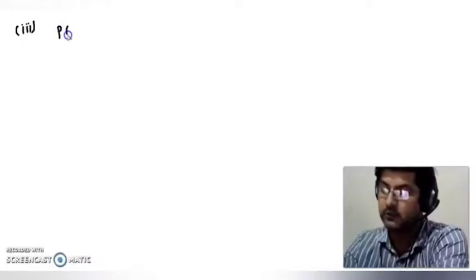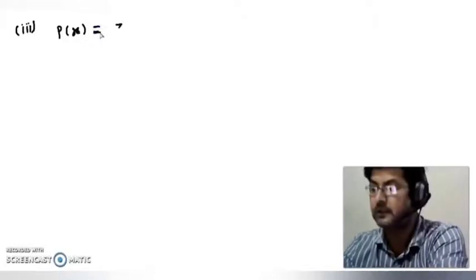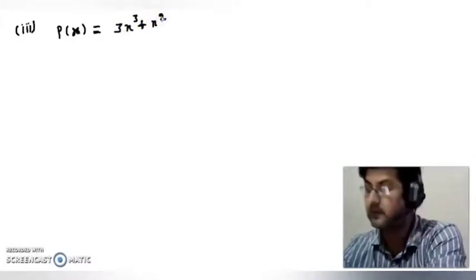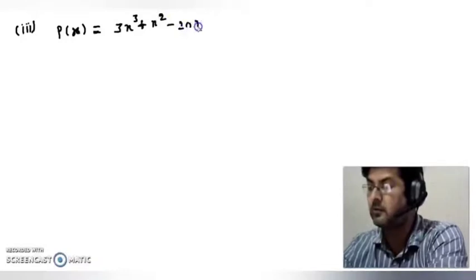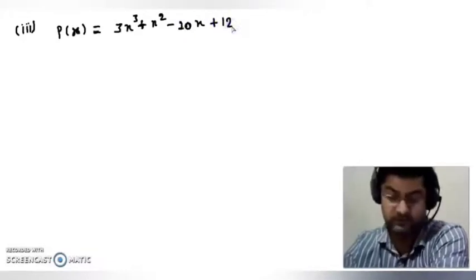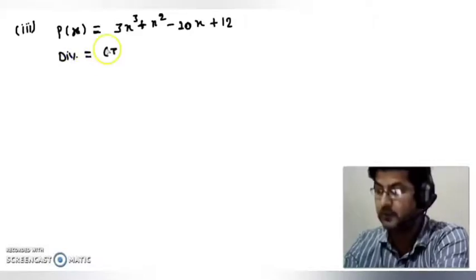Okay, here the polynomial p of x is given to be 3x cube plus x square minus 20x plus 12, and here divisor is 3x minus 2.